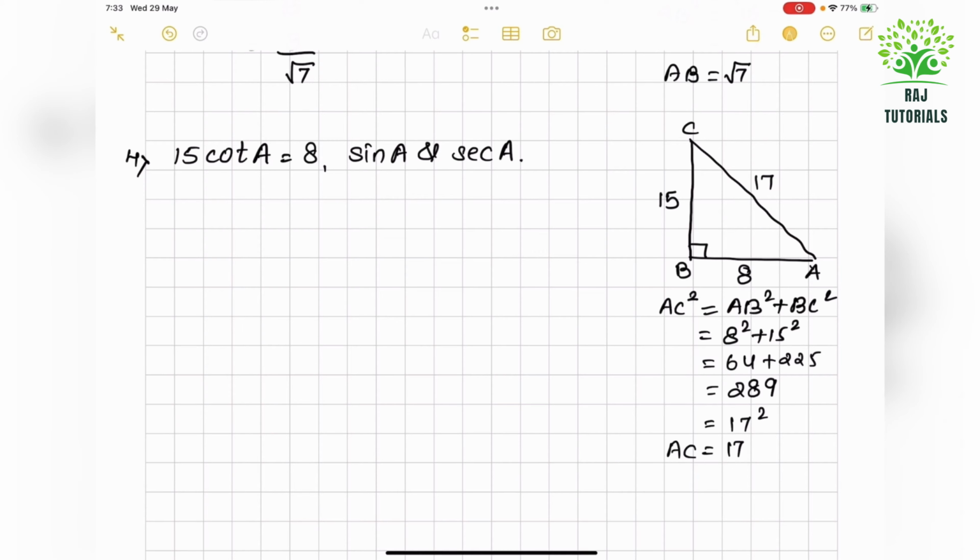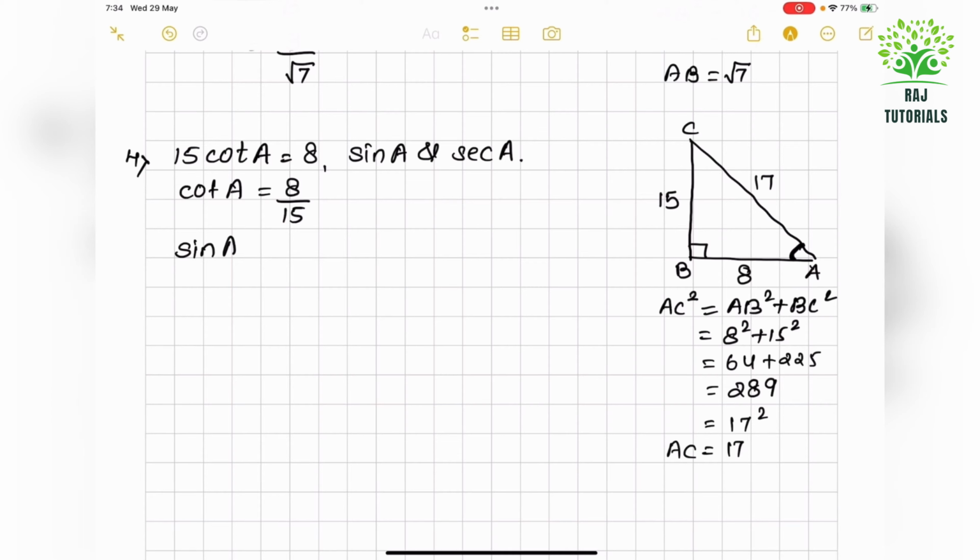Now after noting this down, see here cot A, here 15 is in multiplication, so on the other side it will come in division. So that way I got 15 and 8. Now he has asked me sin A. So this is the angle which I have to see.